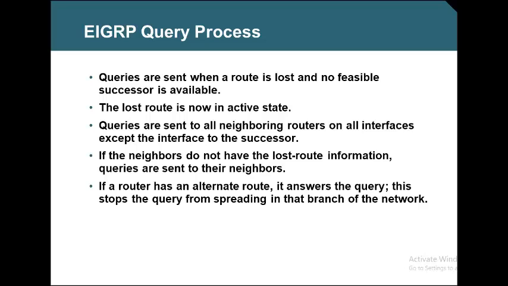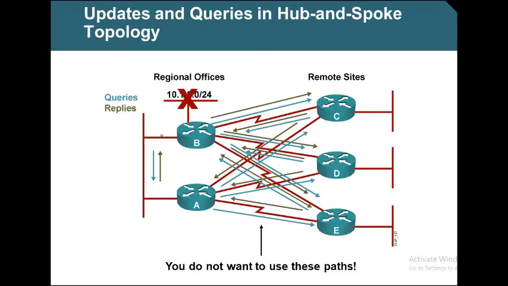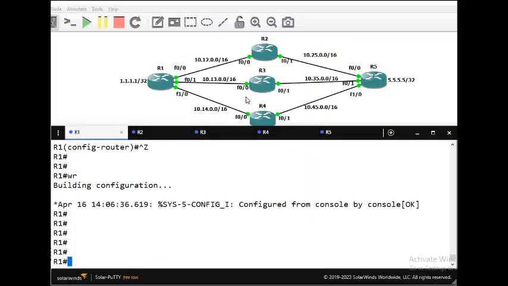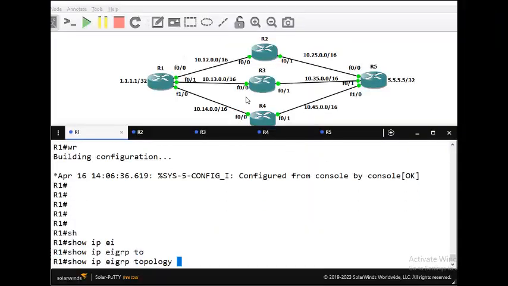If you see the EIGRP table, show ip eigrp topology, for 5555 there is only one successor because we have different FD values. Now, what we were discussing is about the alternate paths.